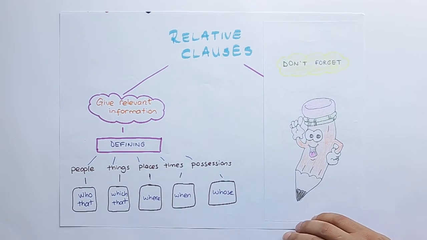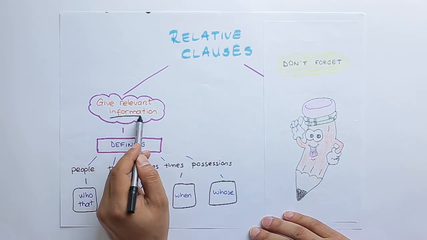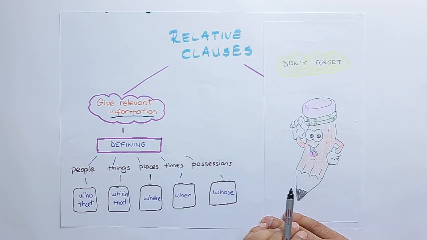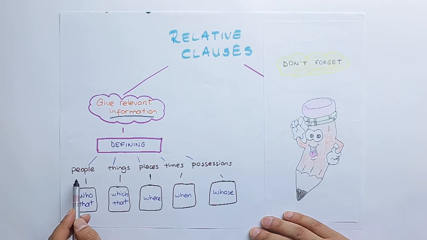Relative clauses give essential information. Do not forget this. And for defining ones, for people, we can use who and that. For things, we can use which and that. As you see here, that is used for people and things at the same time. You can use it.